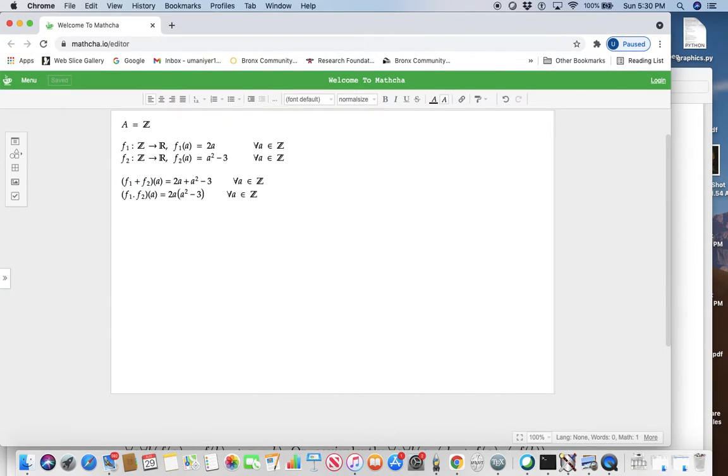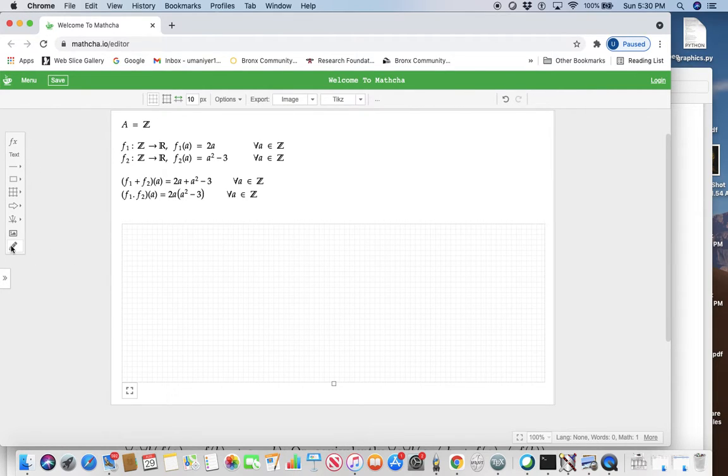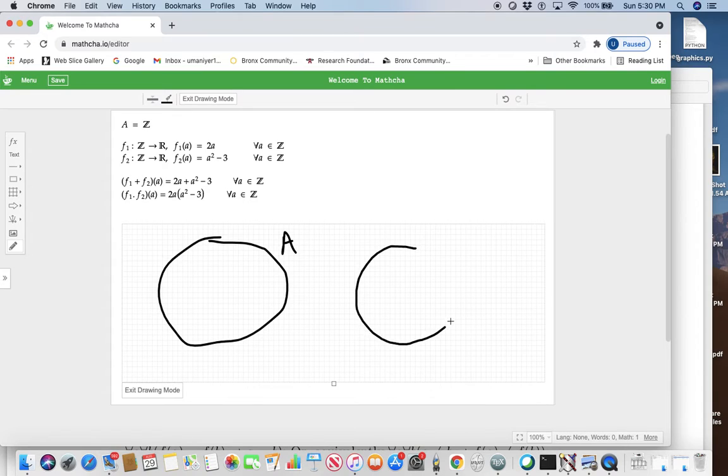So let's draw a picture to understand what's going on. When you have two sets A, B, and a function from A to B, what is the image of f?